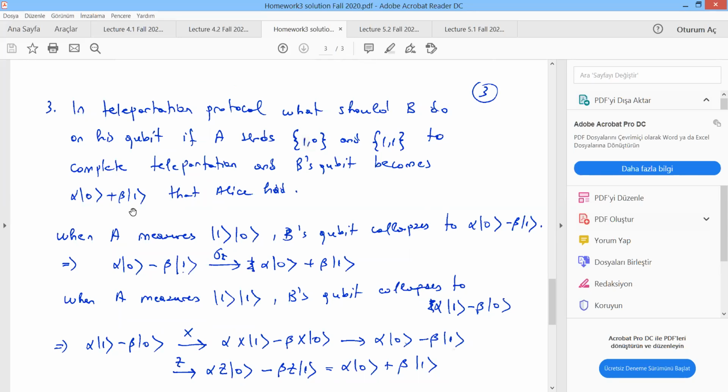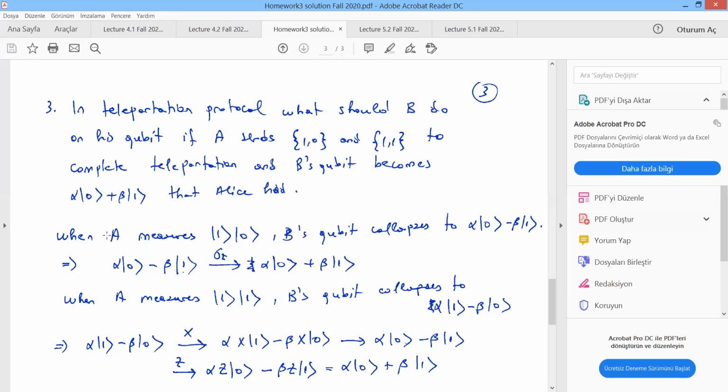Remember, this was the initial qubit state that Alice had, and Alice wanted to teleport this to Bob. And we had seen in the class what kind of operation we would do to recover, to teleport this state for the cases 0 0 and 0 1.